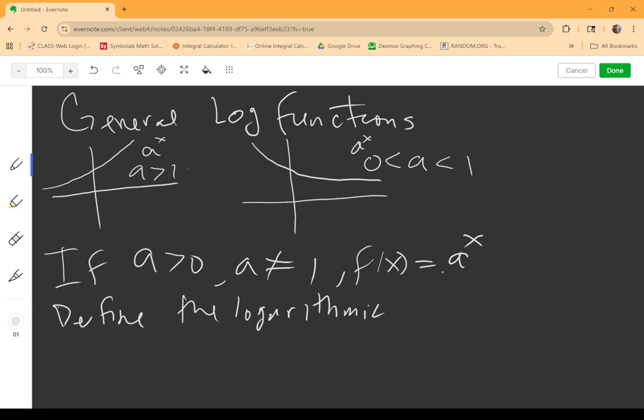Function with base a, as log base a of x.